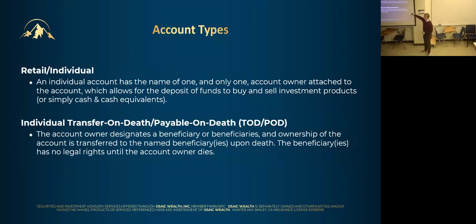If I die and this is inherited by somebody, the cost basis, the $50,000 I initially put in, steps up to the fair market value on the date of my passing. So if it's worth $100,000 when I die, it's like whoever received it from me paid exactly what it was worth that day. If they sell it for the same value, they're not going to have any taxable capital gains.